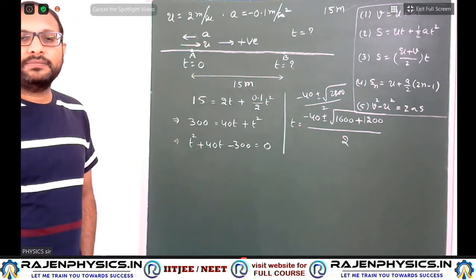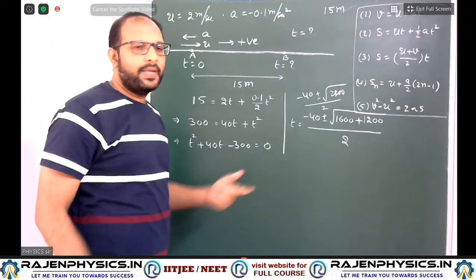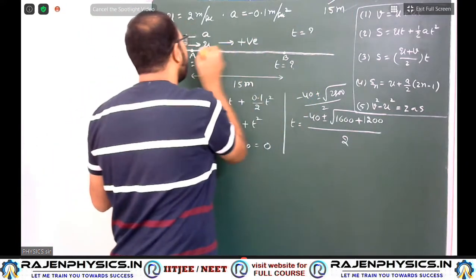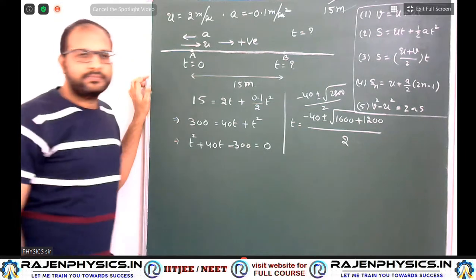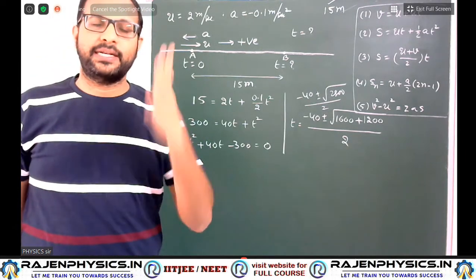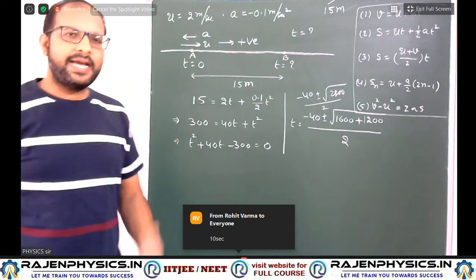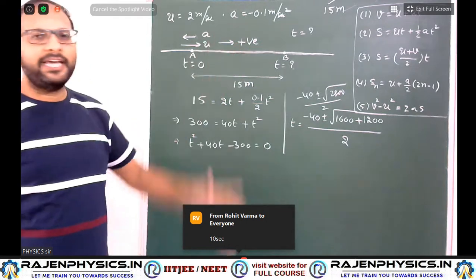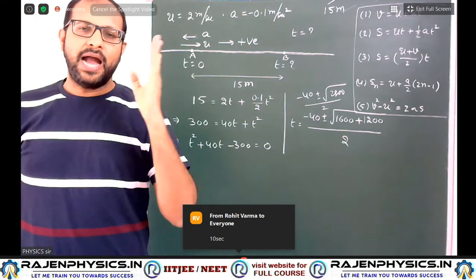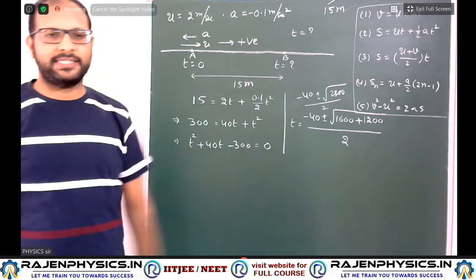Now the problem is, at what time is the body at a 15 meter distance from the initial location? Again, students, the second equation, because displacement, initial velocity and acceleration are given, and time is the target.